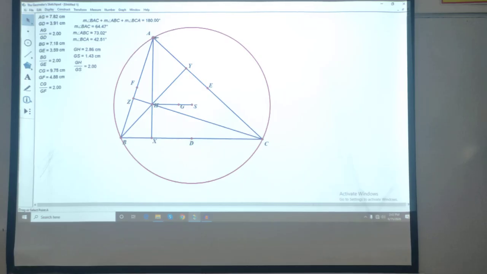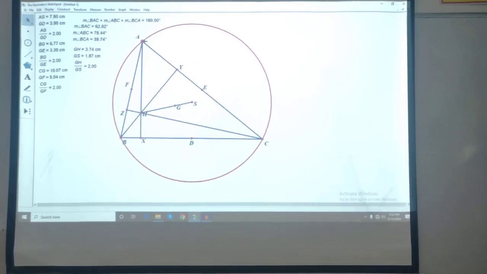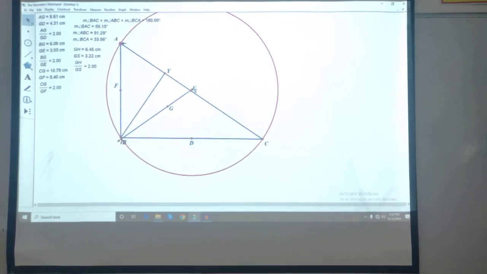Let's see what is happening when I take angle B as 90 degrees. Let's see where H is moving and where S is moving. You can observe here that angle B is 89.98 degrees.